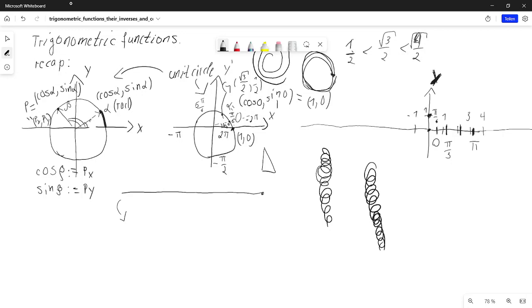So the coordinates will be switched, and the point with these coordinates will be then 1/2, square root of 3 divided by 2. All right, and that would be 1/2, right? Okay, then we have that.